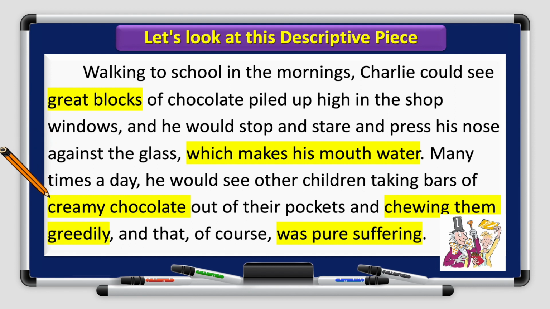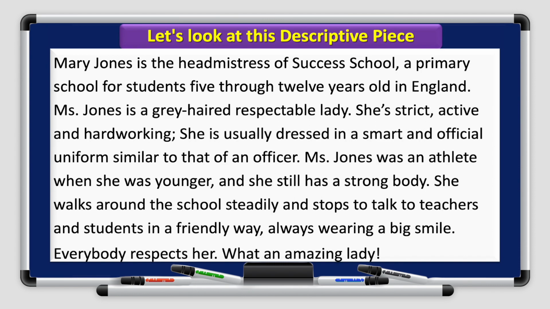And what are the children doing? They are chewing them greedily. So you can also imagine the picture here. And this was pure suffering for Charlie. So as you can see, the paragraph here is detailed and has many adjectives which can help create an image in your mind. Let's look at another paragraph.